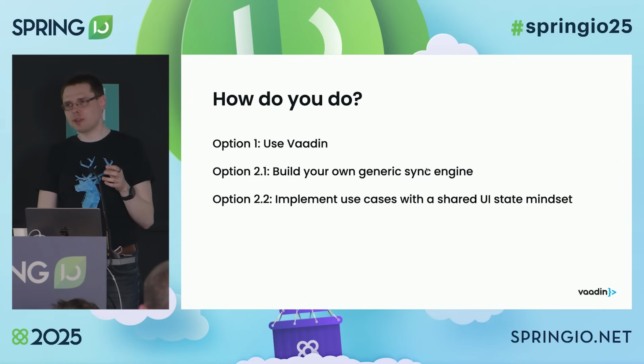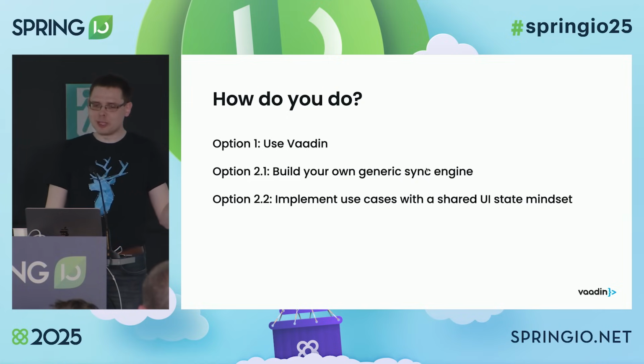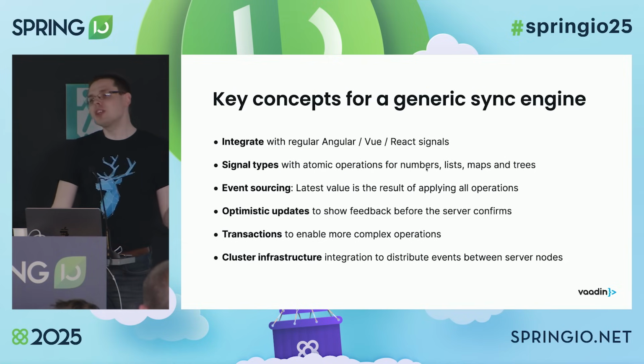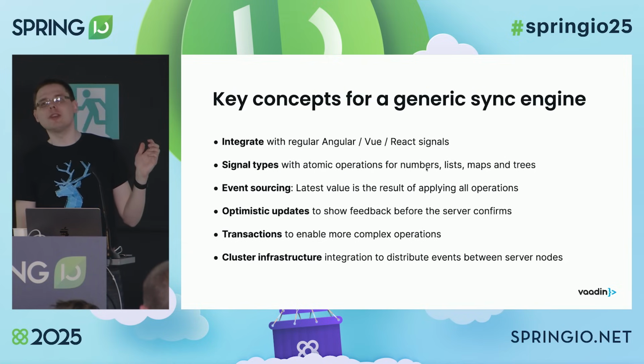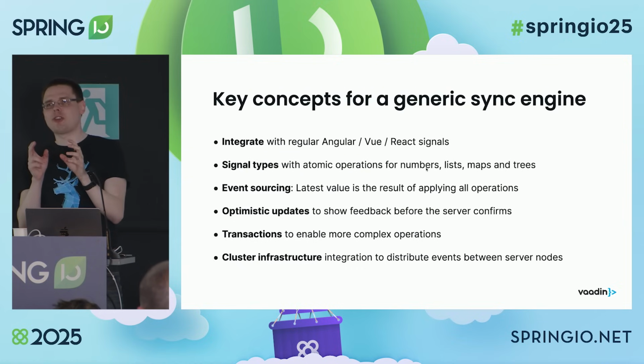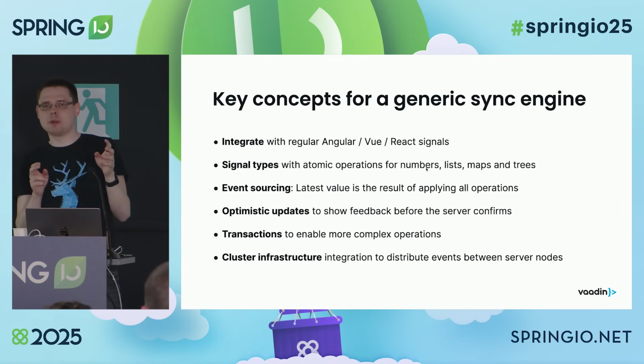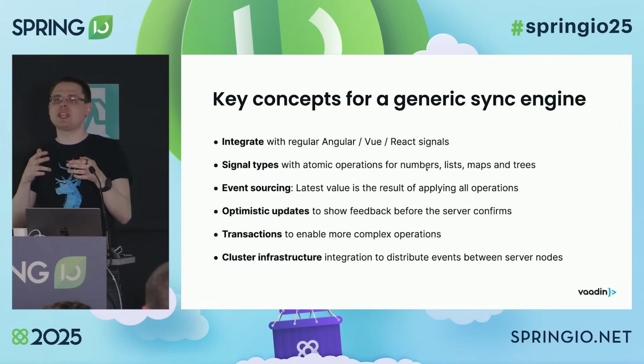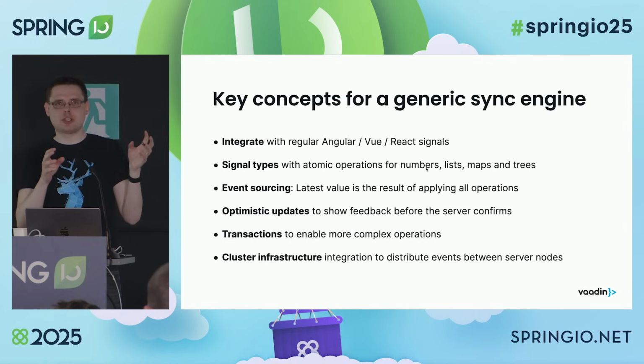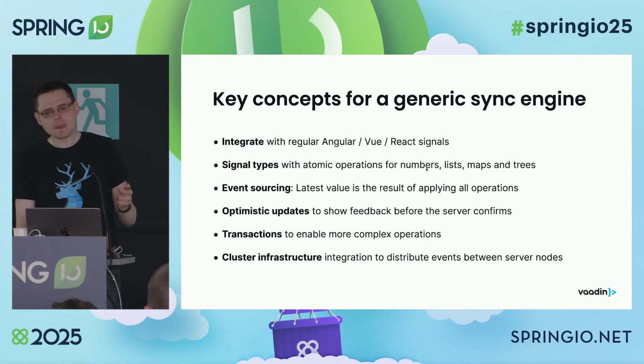I could do another 50-minute session on all the things to think about for that, so let's not go too deep into that. The other thing you can do, which I will show in a short while, is to manually synchronize the state over a WebSocket or something, but still apply the same thinking: we're just synchronizing UI state. Let's not make it too complicated.